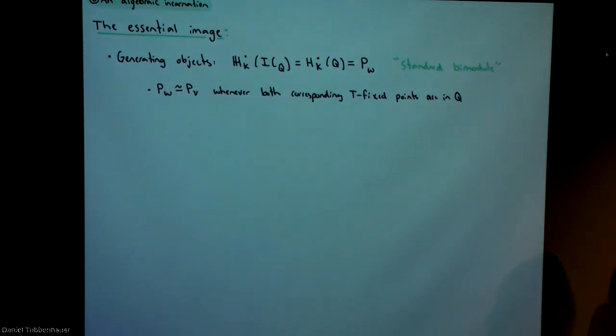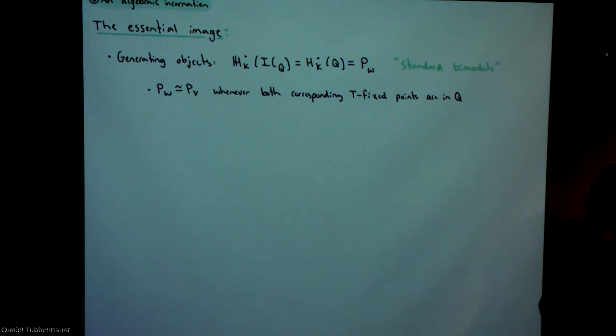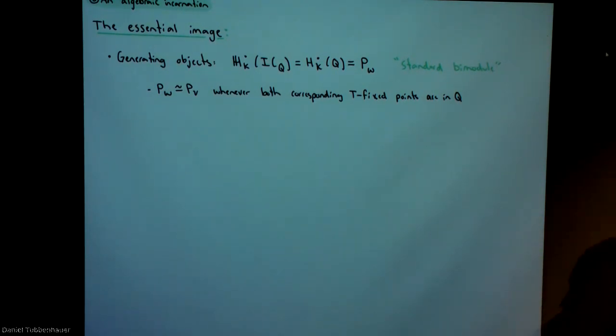And this boils down a little bit to the geometry of T fixed points on G mod B. If we look at all of our torus fixed points, some of them are going to lie in closed orbits, and the cohomology of one of those closed orbits will be given by this standard module for the fixed points that are in that orbit, and all the fixed points in the same orbit yield isomorphic modules. So these are our generating objects.